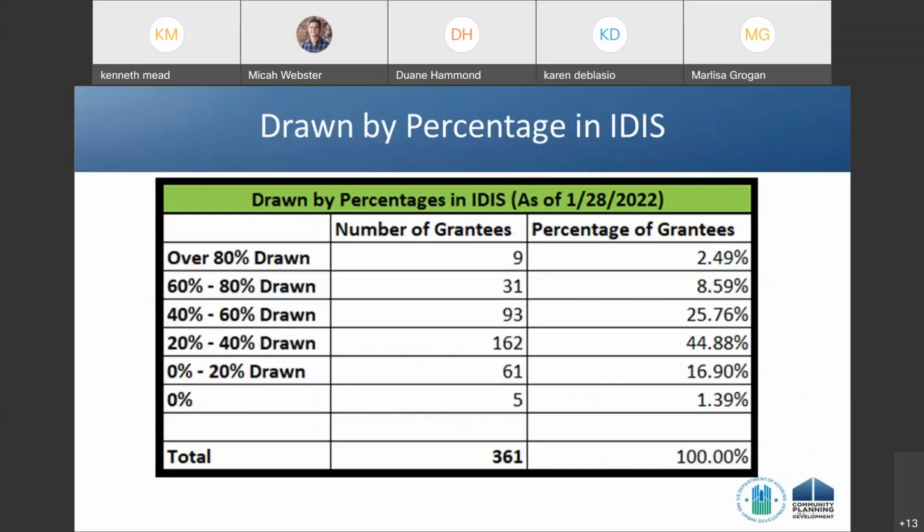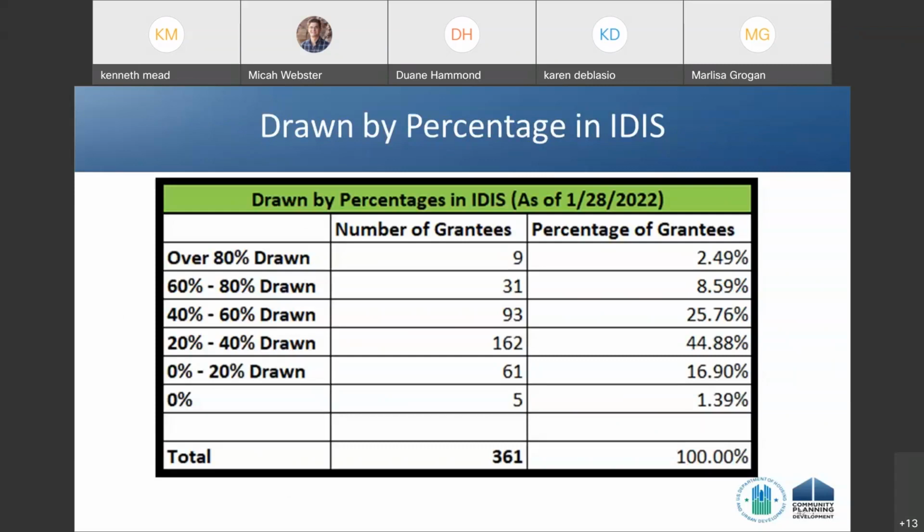So if you are an ESG CV recipient, you can take a look at this table to see where you fit in to the overall breakdown of where people are with expenditures, or I'm sorry, actual draws as of January 28th, 2022.